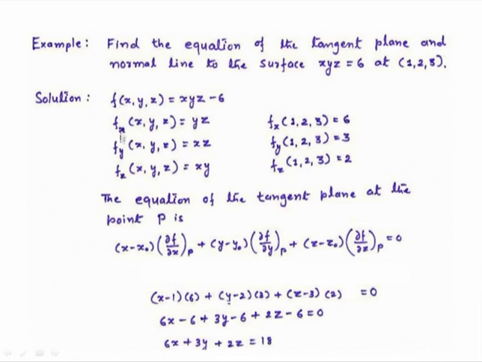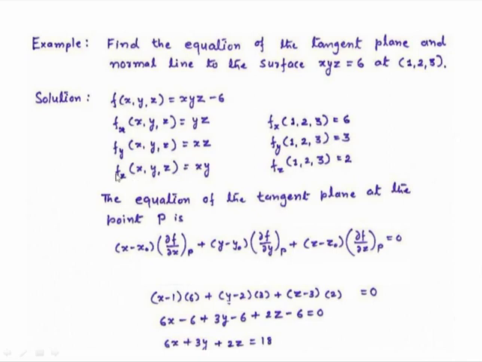Similarly, we can find the partial derivative of f with respect to y at the point (x, y, z) as xz, because partial differentiation of xyz with respect to y is xz. At the given point (1, 2, 3), x is 1 and z is 3, so 1 into 3 is 3.